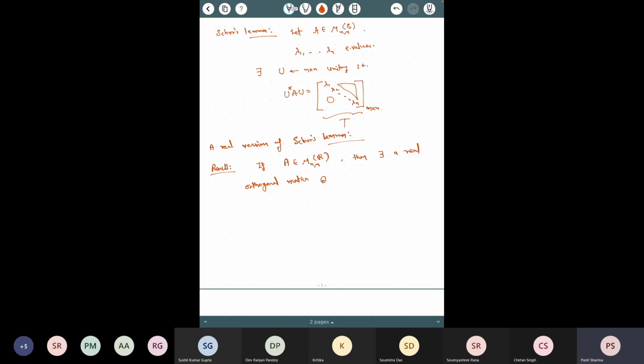let's say Q, the same size, such that Q transpose AQ is equal to this kind of matrix. It is not upper triangular, but it is a block upper triangular matrix.